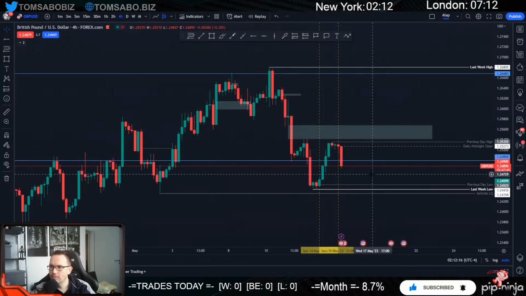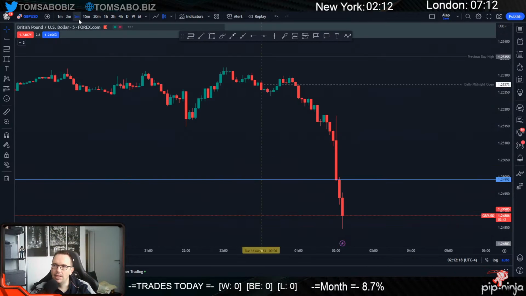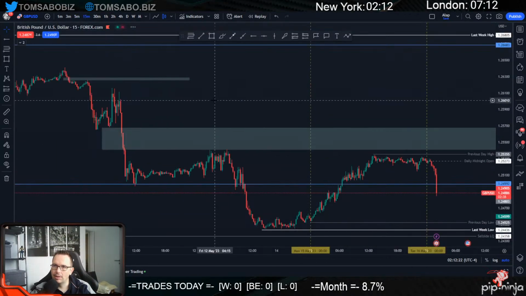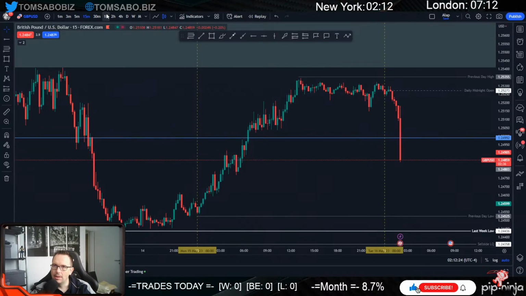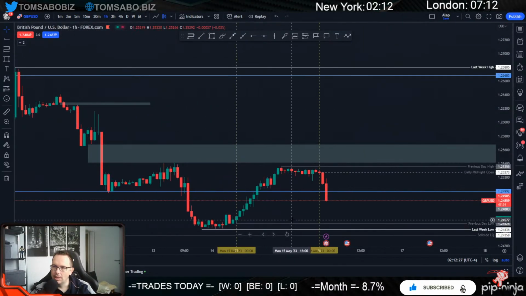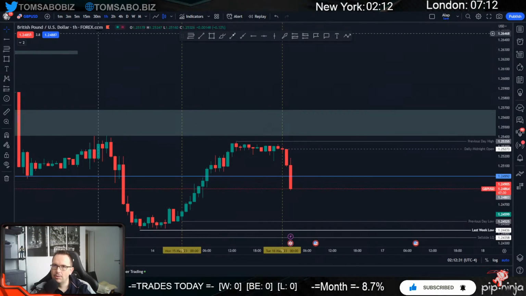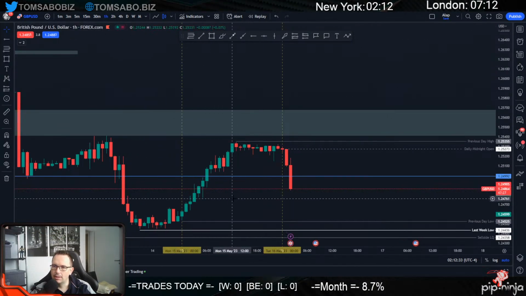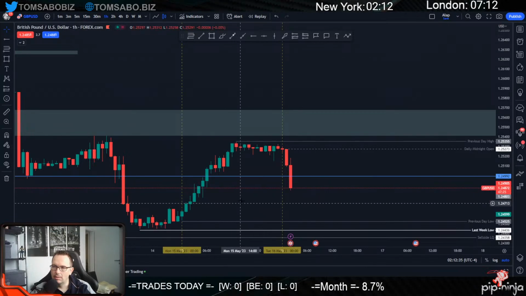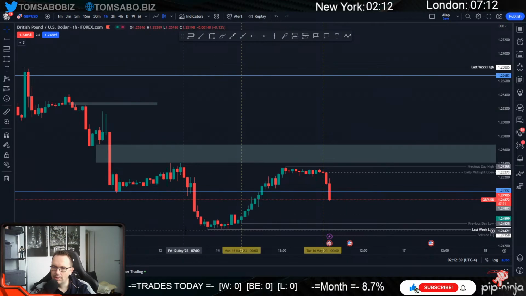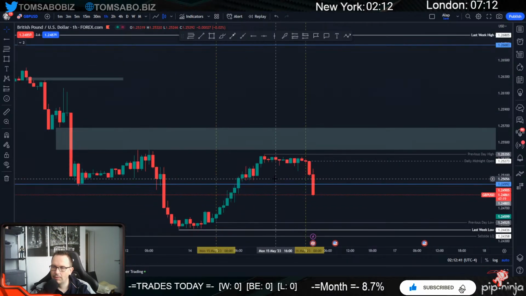So yeah, I am eager to look for some kind of a reversal. If we go down on the 5 and the 15, nothing major here, not even on the 1-hour. So there's no fair value gap or significant point to be taken out here. We have to go all the way down.